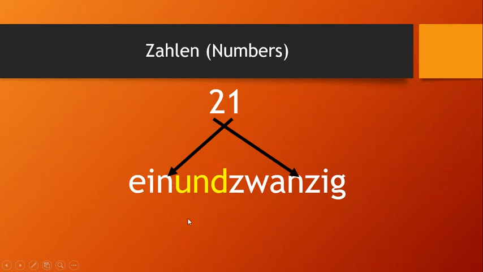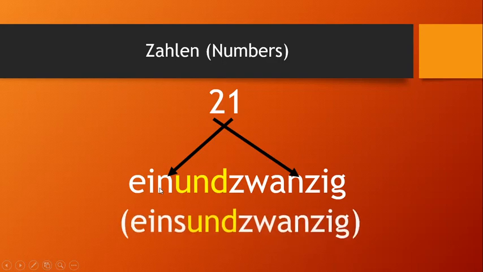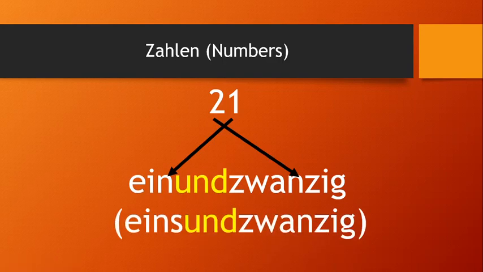Und means and, so it's ein und zwanzig. So if you notice, it's not eins here, right? So ein is actually eins. It's not eins und zwanzig. So this s goes off and it becomes einundzwanzig and not eins und zwanzig.